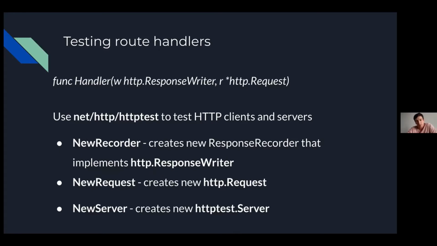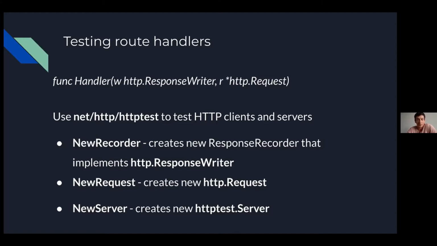I'm going to talk about testing route handlers. Here you can see the definition of a route handler. It has two parameters, response writer and request. This is a usual route handler for Golang. My discovery was the httptest package, which is a subpackage of net/http, and it provides all the necessary instruments to write tests of our handlers.